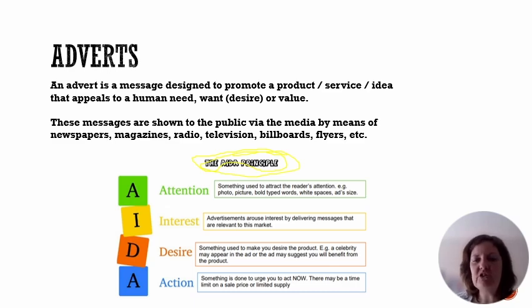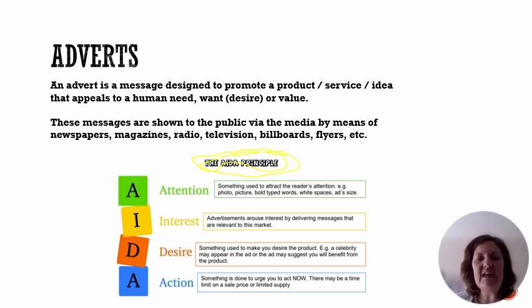Because if adverts are trying to get us to buy something, whether it's a product, a service, or an idea, it's going to try and draw us in. And we need to look at how the ad drew us in. And the AIDA principle is sort of an alternate way of peeling the onion. So in a short while, I'm going to peel the onion with you in the November 2024 paper, but you can also use the AIDA approach to investigate an advert.